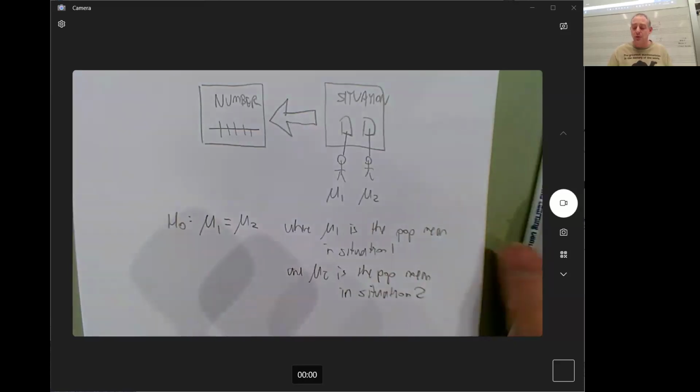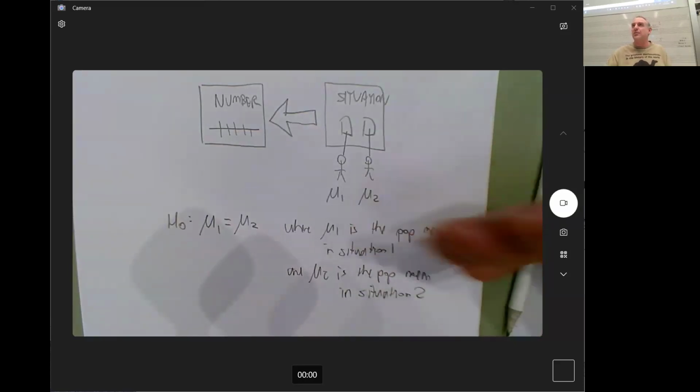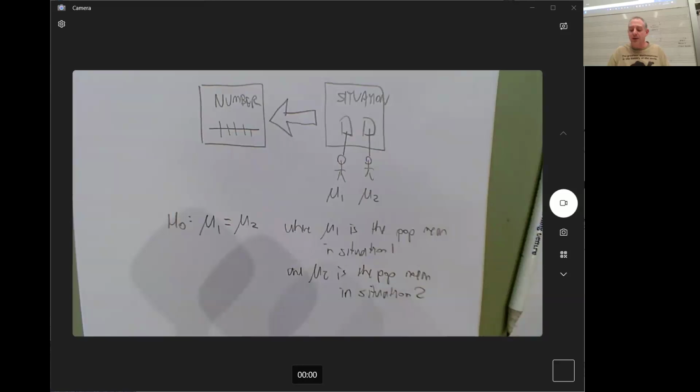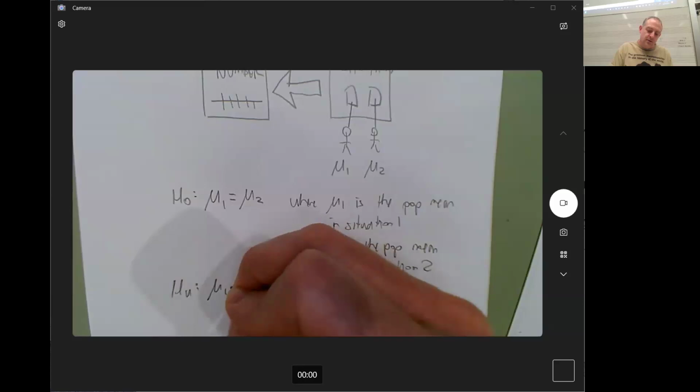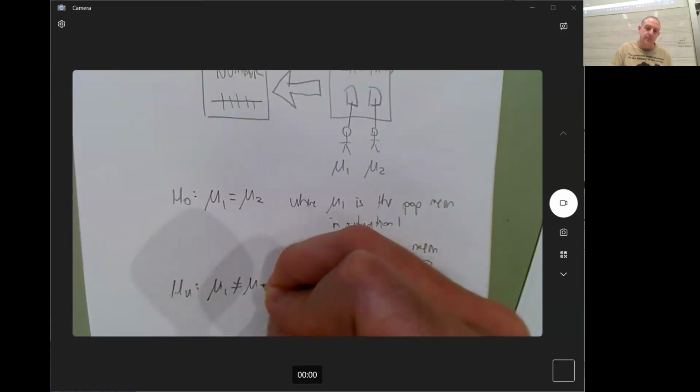If they were treatments, you'd call them the treatment and the placebo or something like that. If they were different kinds of people, you would say mu1 is the population mean for domestic students, and mu2 is the population mean for international students, or whatever. You could do lots of things, but you would have to say the context. And then the alternative is that they are not equal.